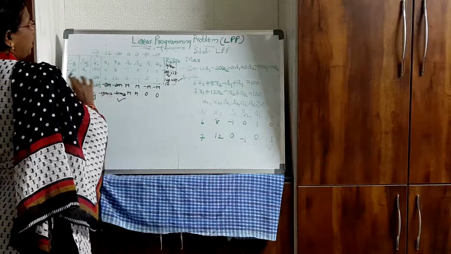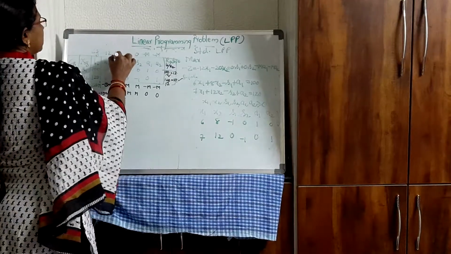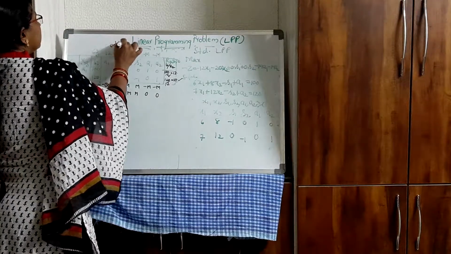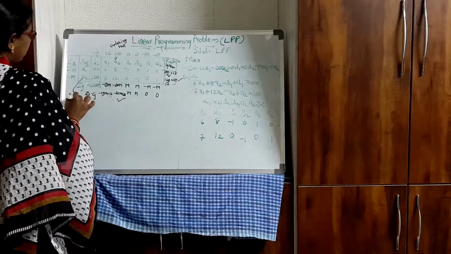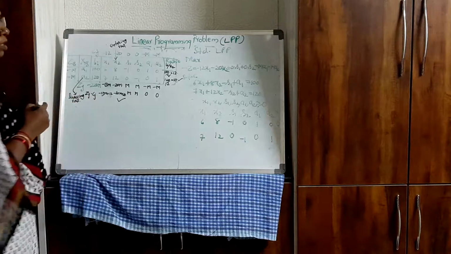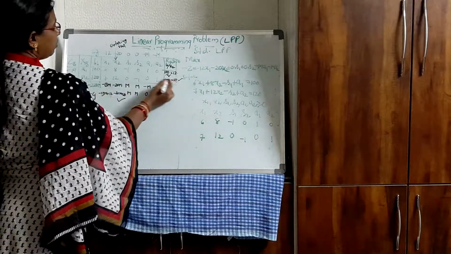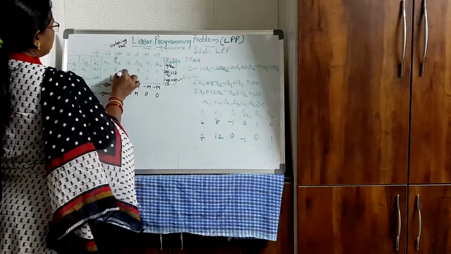Now A2 will leave the basis and this x2 will come. So this is the entering variable and this is the leaving variable. Okay. So the intersection of the most negative and minimum ratio element is called the pivot element.